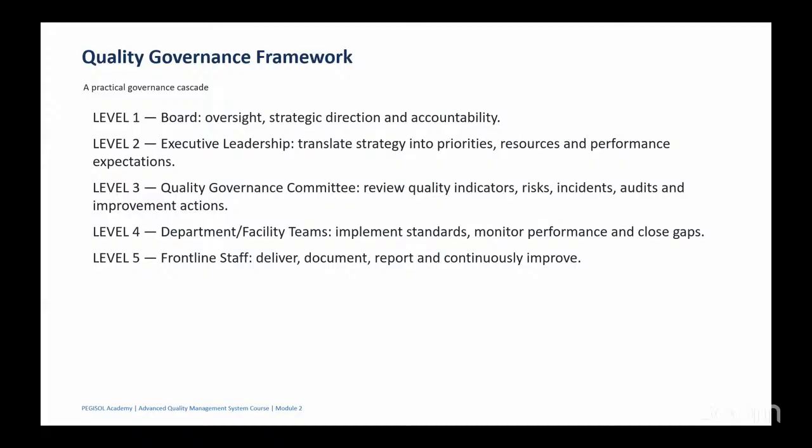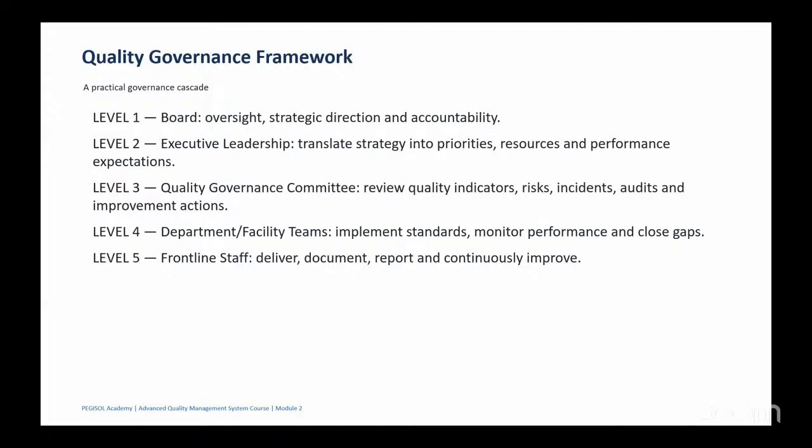Then the fourth level can be your department or your facility. They will help to implement standards, monitor performance, and close gaps. Then level 5 talks about the frontline. Frontline staff deliver, document, report, and continuously improve. So this is a practical governance cascade for a quality governance framework.